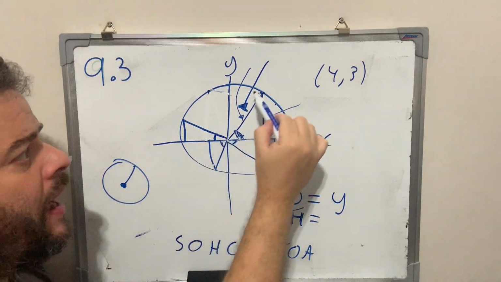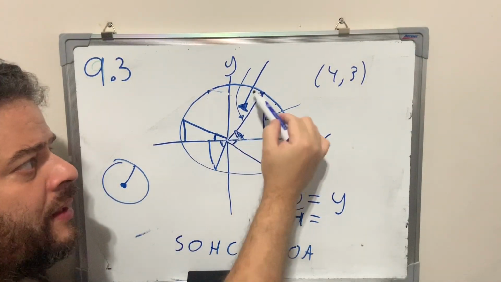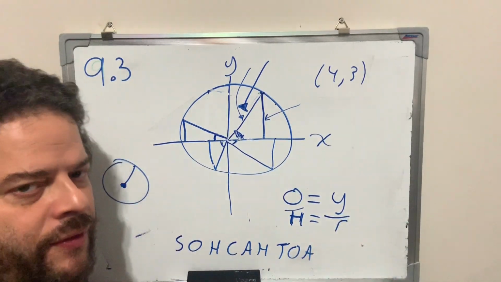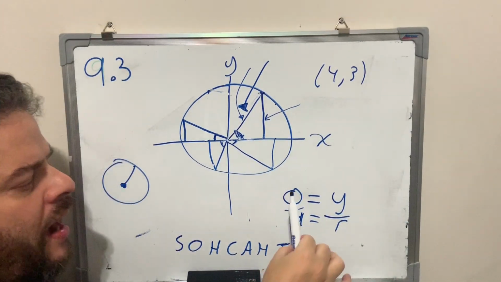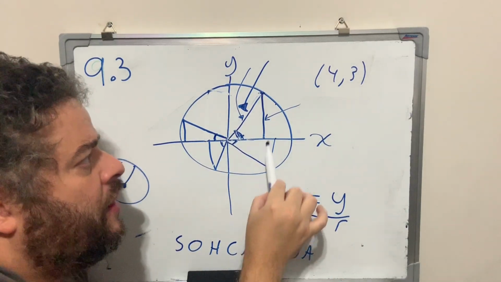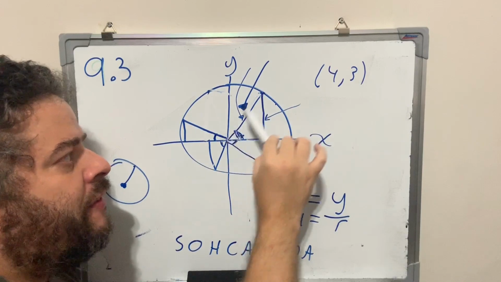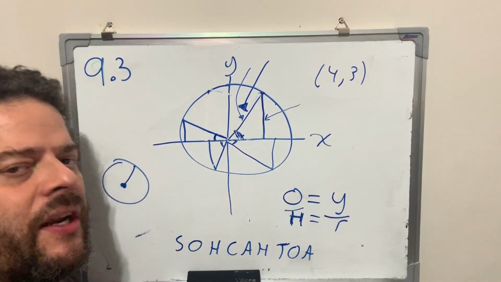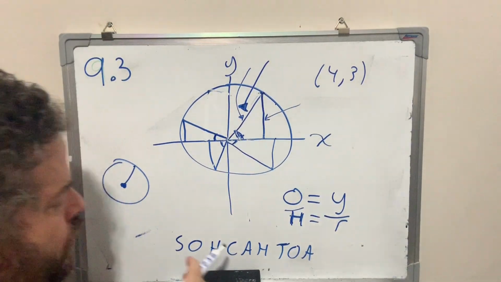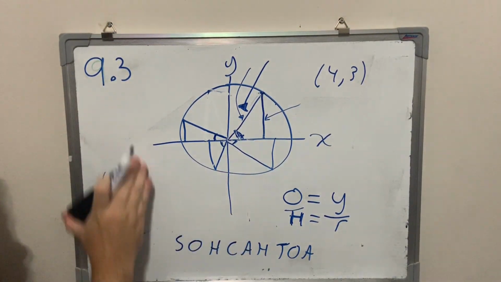So the hypotenuse of this triangle is also the exact same thing as the radius of the circle. So saying opposite over hypotenuse is the exact same thing as saying the y value divided by the radius. That's going to help you in two ways later on. Now let's go over the next one. Let's go over cosine.